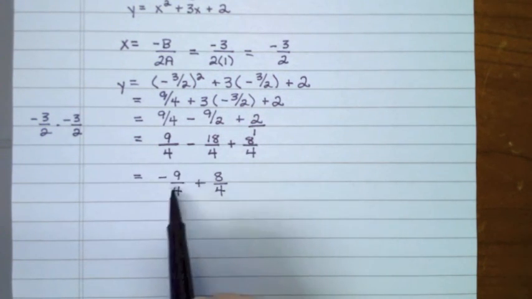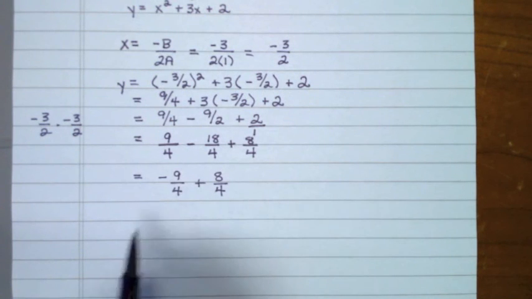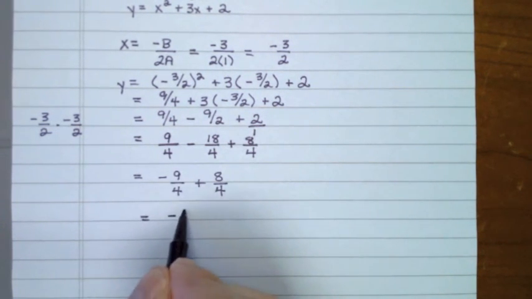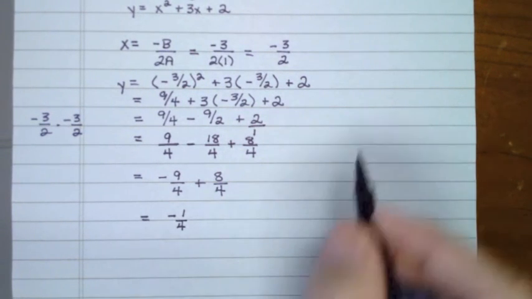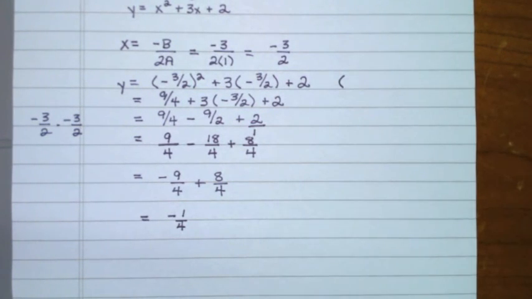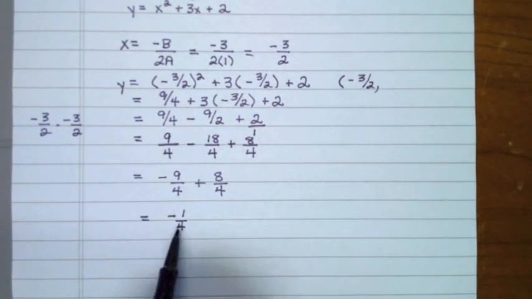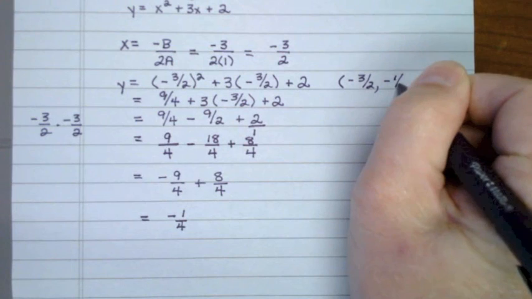I got this by combining these two together. Now I combine it with the last one, negative 9/4 plus 8/4, negative 1/4. So my vertex, my x-coordinate, negative 3/2, and my y-coordinate, negative 1/4.